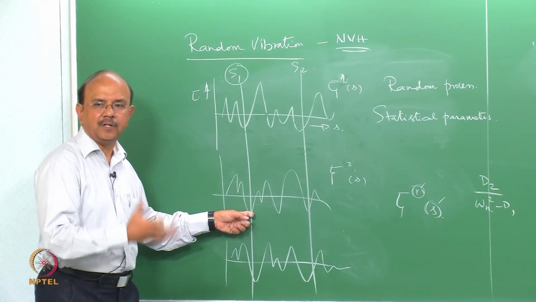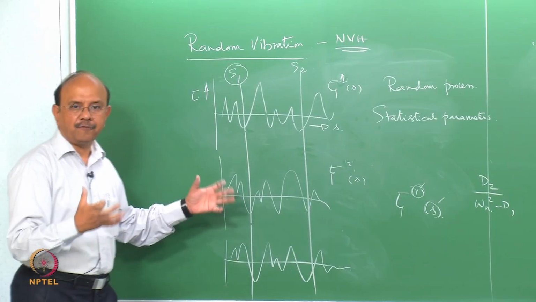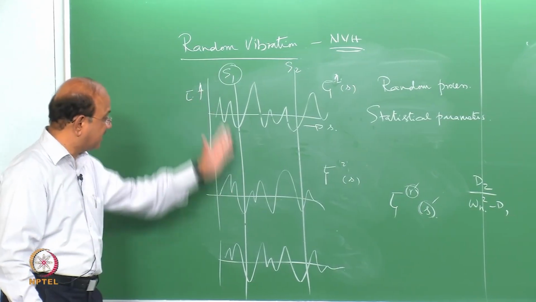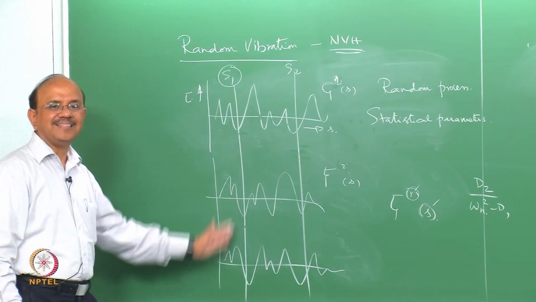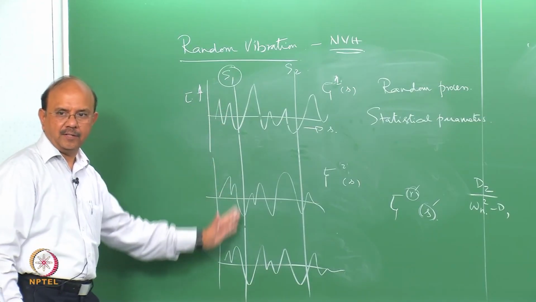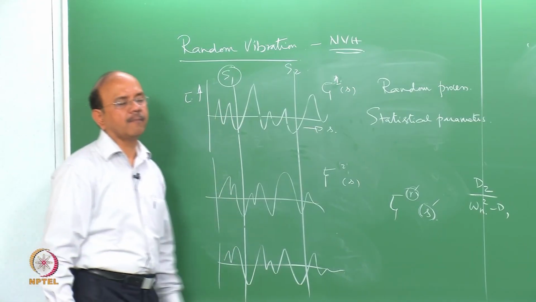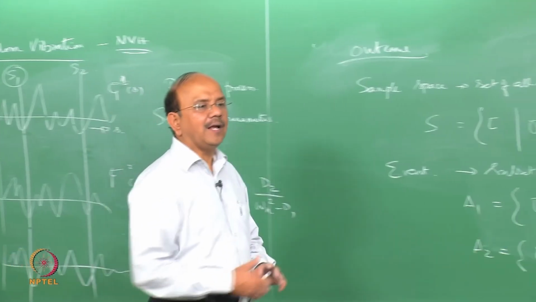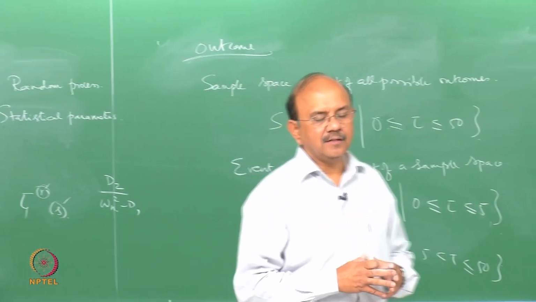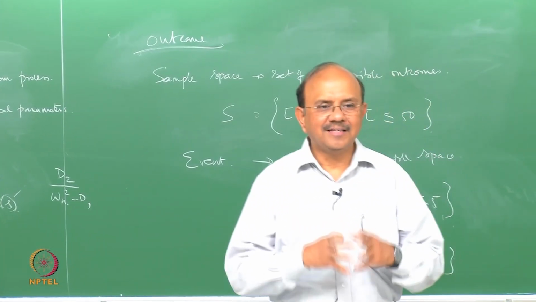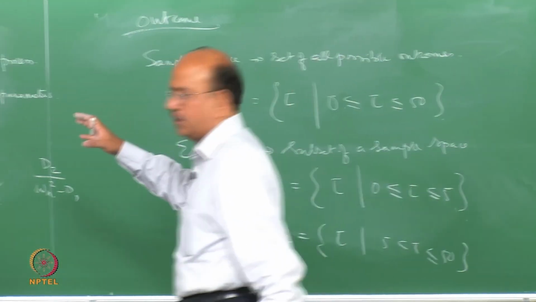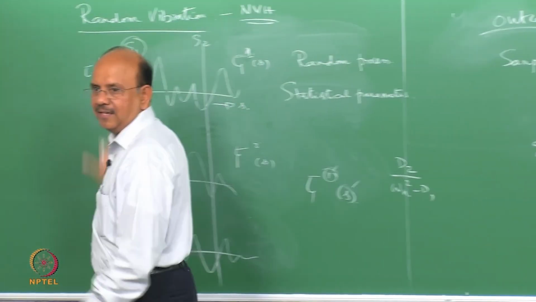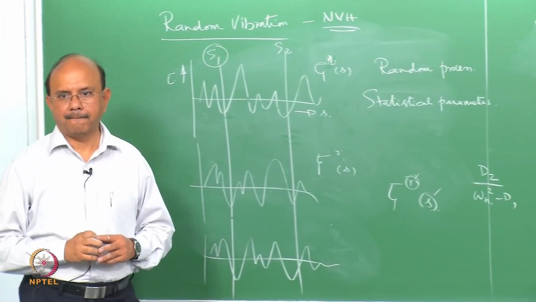So I have to now bring in a statistical basis for what I am measuring at these positions. What I am measuring is what is loosely called the random variable.